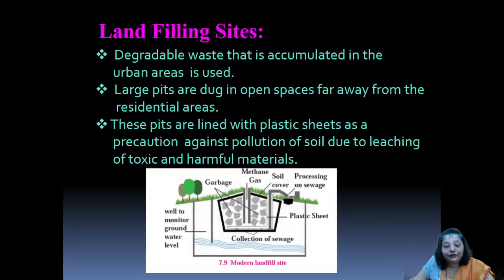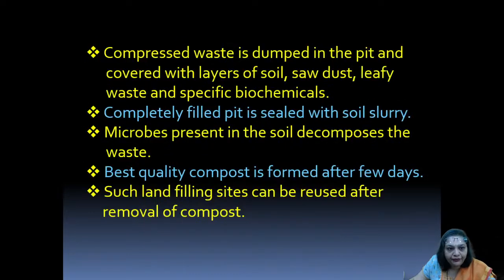Is that clear? So you can see a picture of modern landfill site given over there, right? And you have already learned about the structure and how it exactly is built up in the lower classes. So let us continue. The compressed waste is actually dumped in this pit and covered with layers of soil, sawdust, leafy waste, as well as some specific biochemicals.